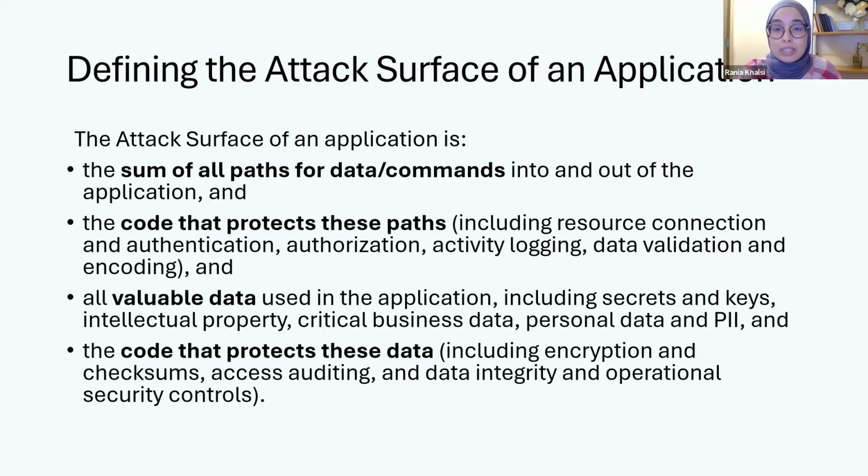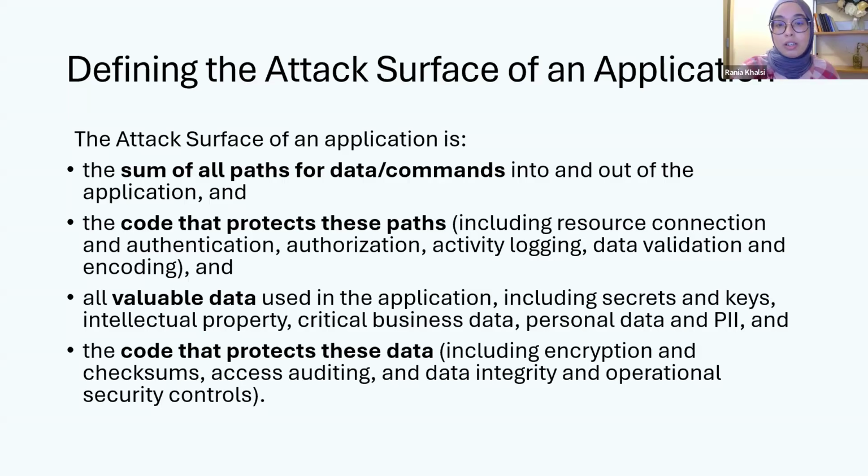So this includes things like input forms, APIs, the network connections, the interfaces exposed to users, or even to other systems. Okay, so it also includes the code that protects these paths, for example, authentication and authorization mechanisms, activity logging, data validation, and encoding.